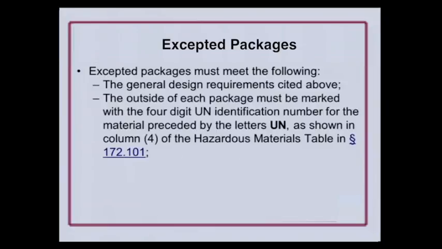The requirements for them, they have to meet general design requirements as in that previous section. And really, it's very, very loose general design requirements. We'll take a look at them later. But the outside of each package must be marked with the 4-digit UN and the UN number. If you go to 172.101, is probably a good number for you to remember because that is a hazardous materials table.